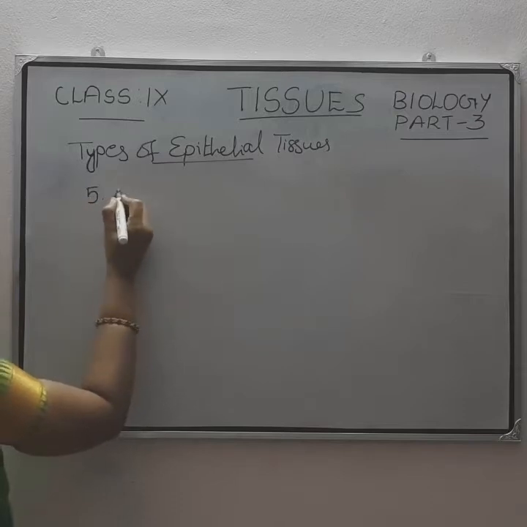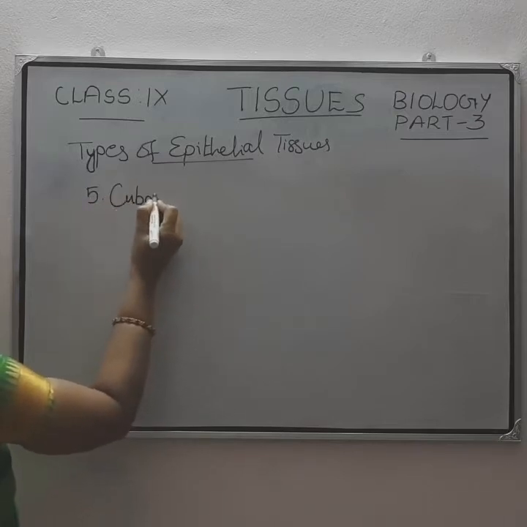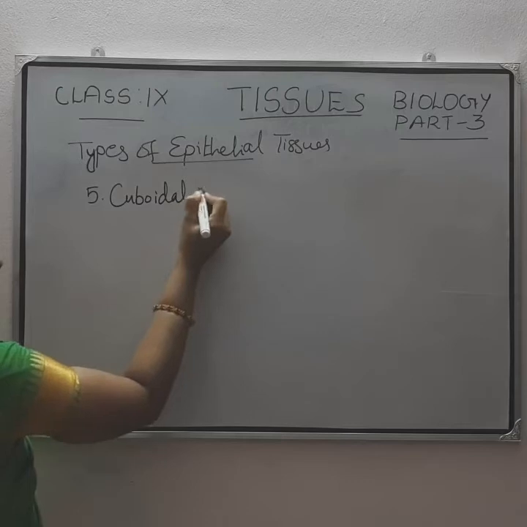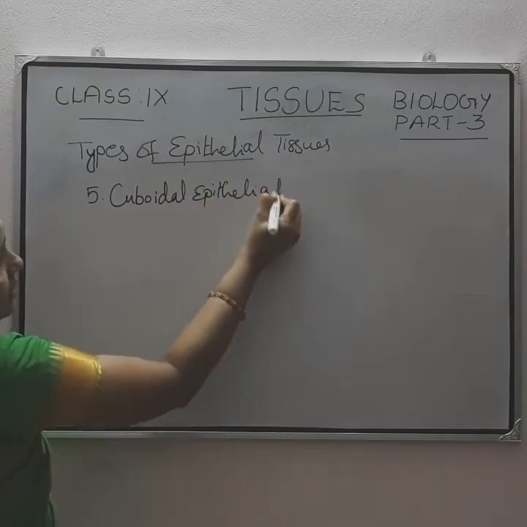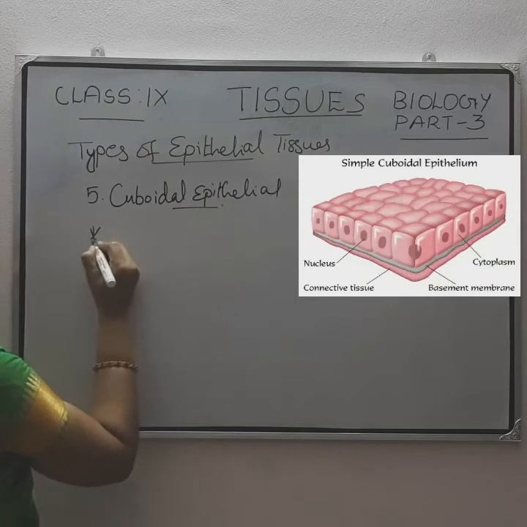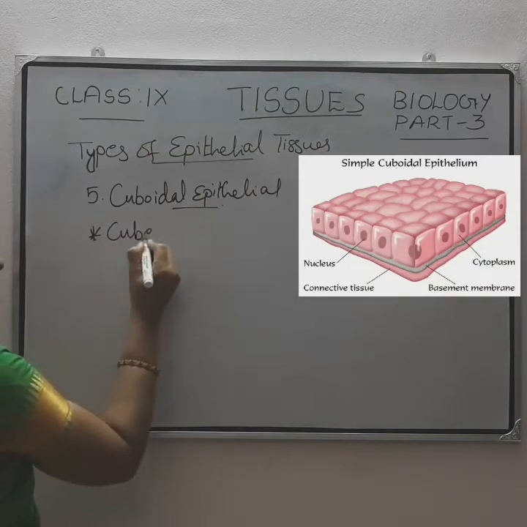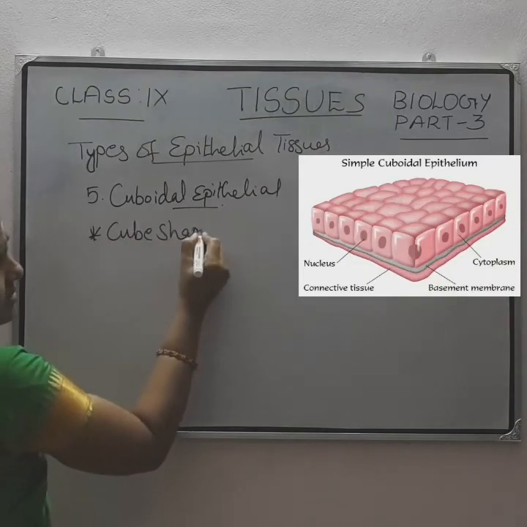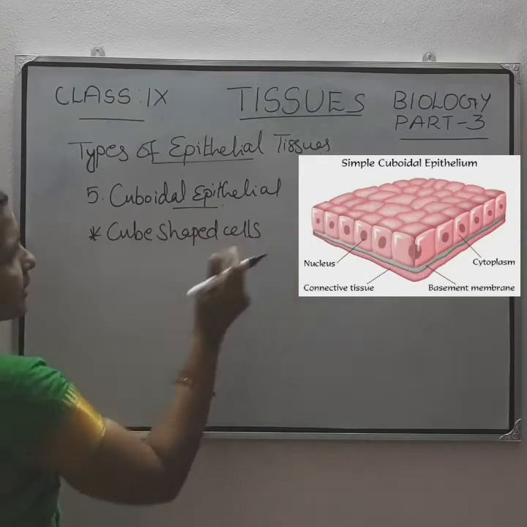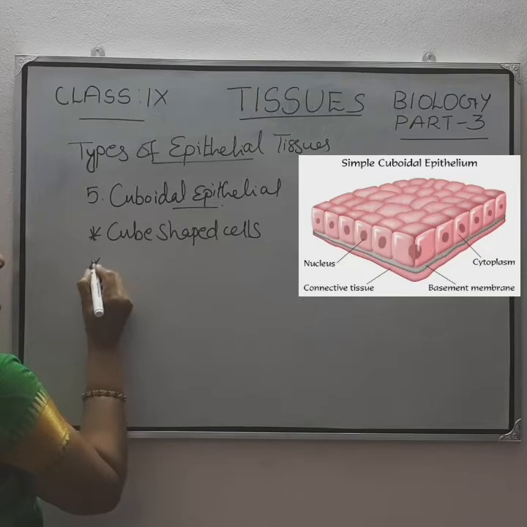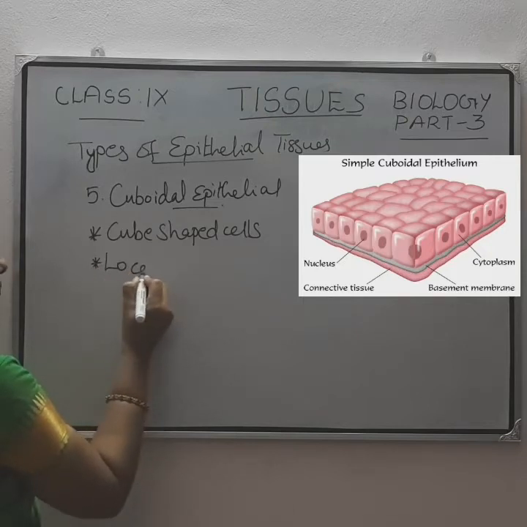Next is cuboidal epithelium. Cuboidal epithelial tissue. Here the cells are cube-shaped. Look at the figure here. Then where is it present?